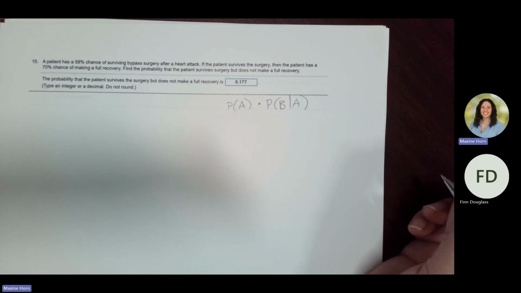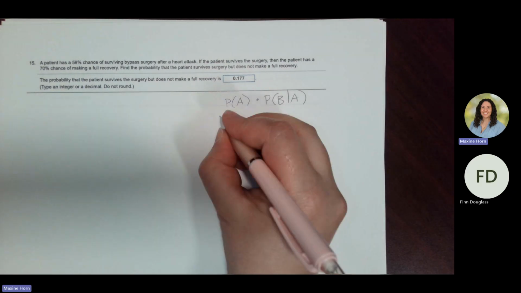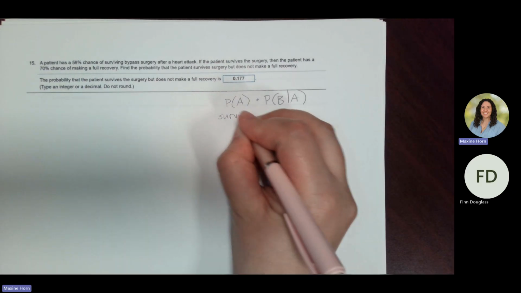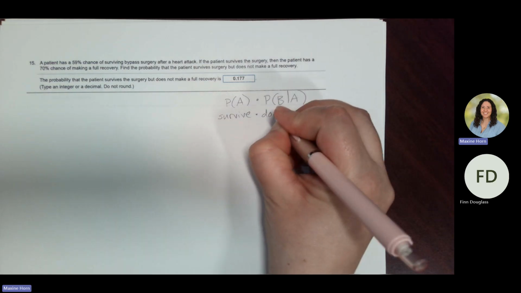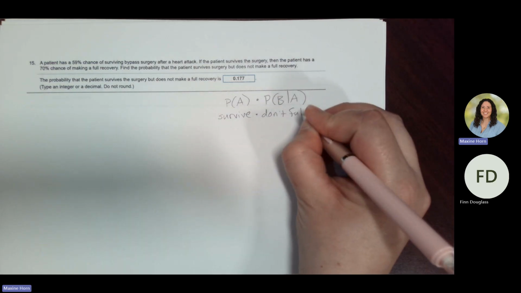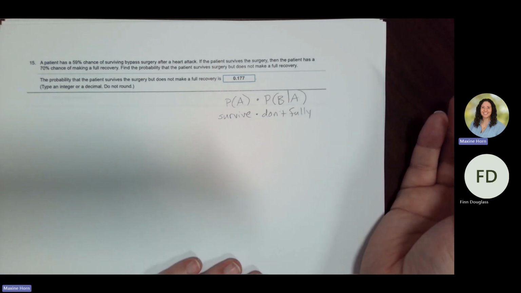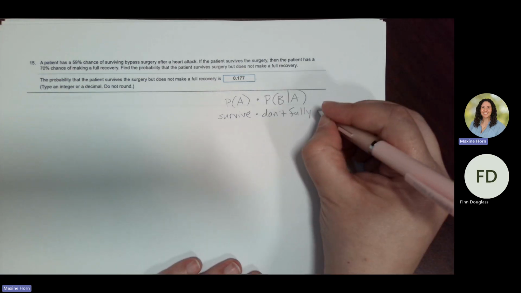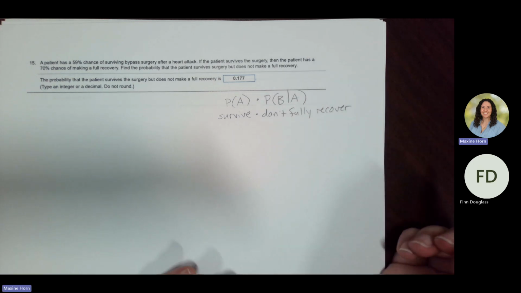So what these things represent is the probability that they survive the surgery, but then that they don't fully recover, right? Because you can survive a surgery but never fully get back to a full recovery.